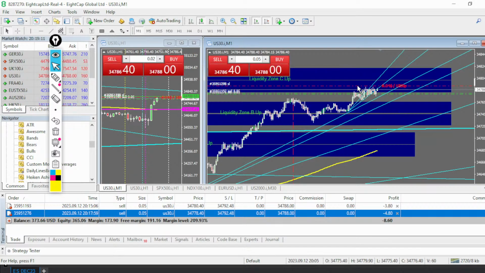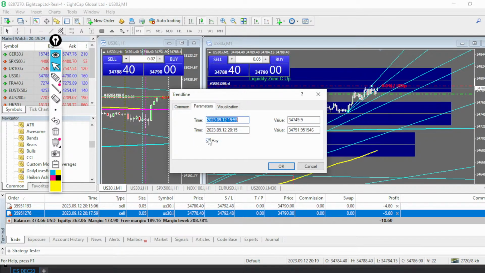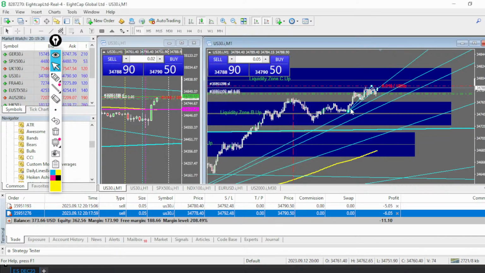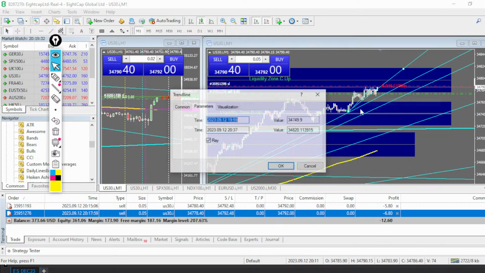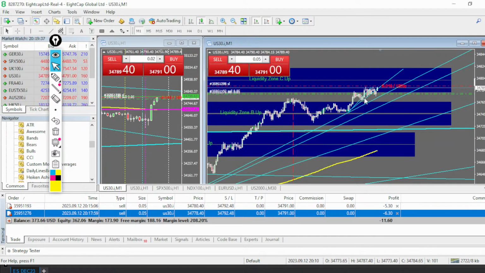All right, so far this looks like another corrective formation for more upside. So I may get stopped out again on that one.